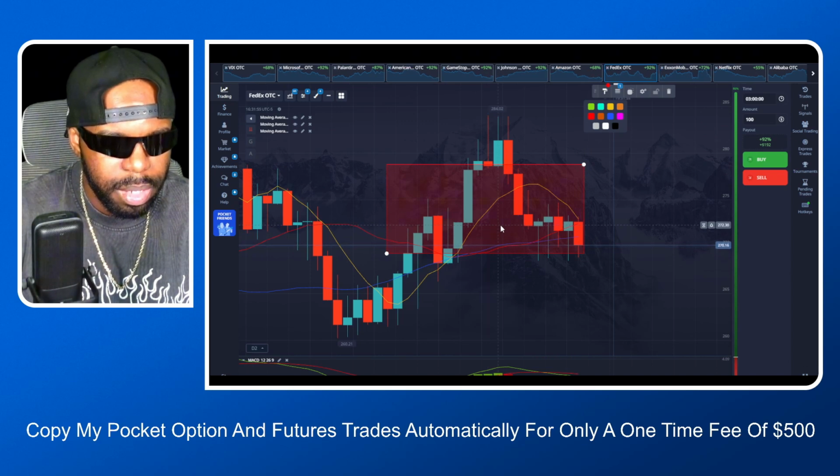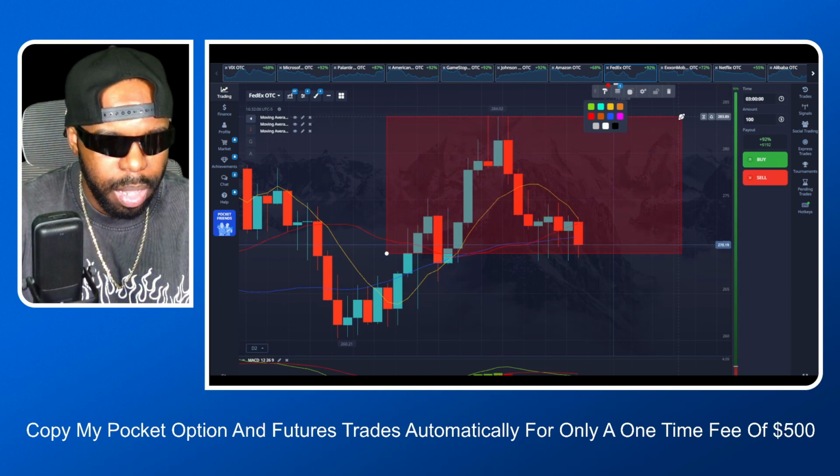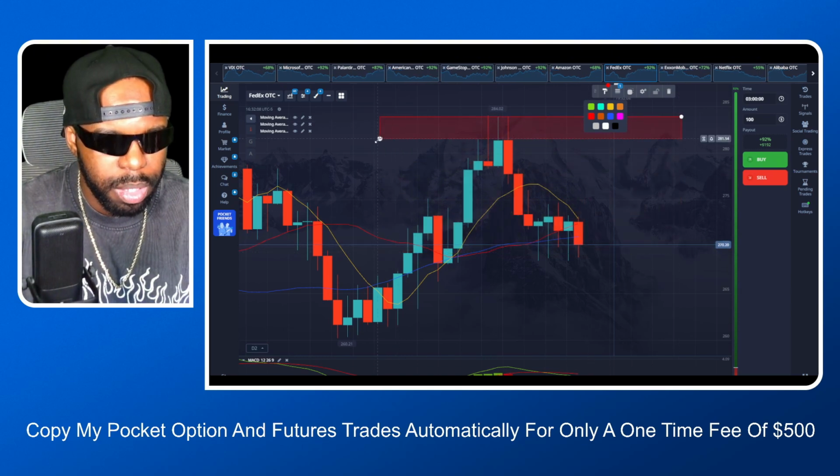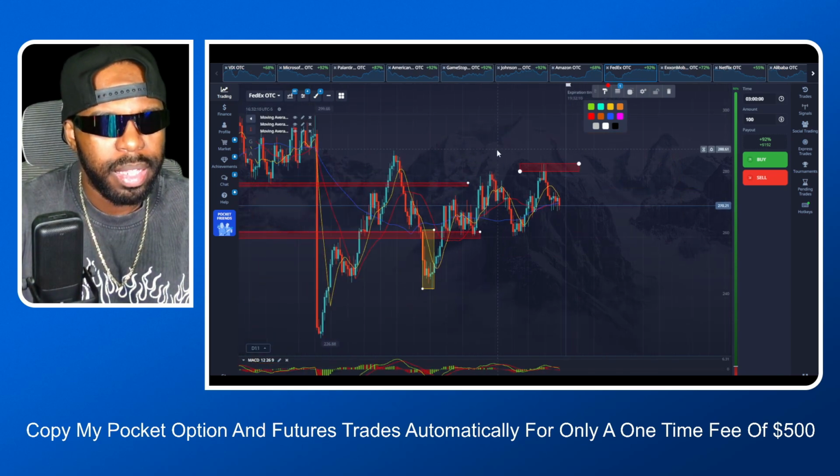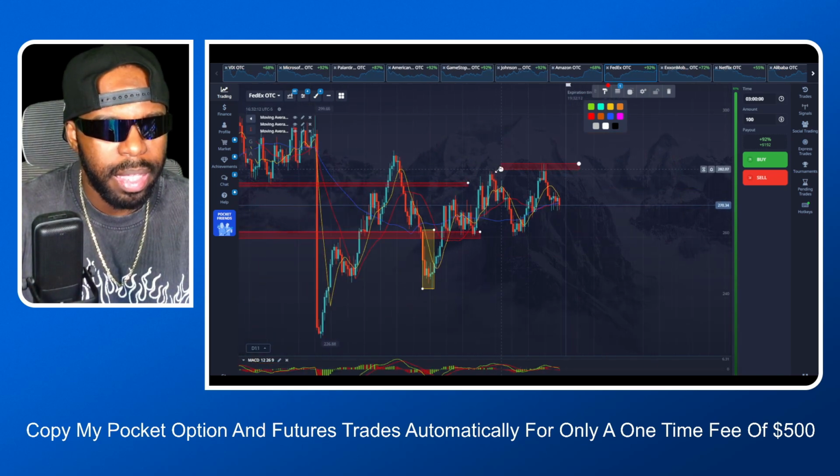All right, the highest point of today was here. I think it was this one, but we'll just do this one here. The high point there, we'll just mark our zone there. And then again, I like to draw these zones in the past.